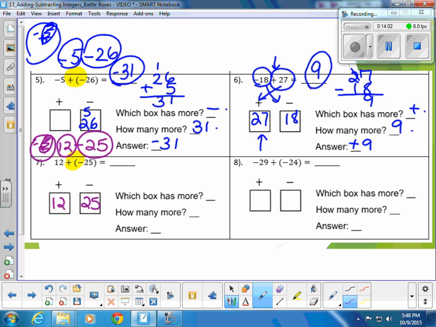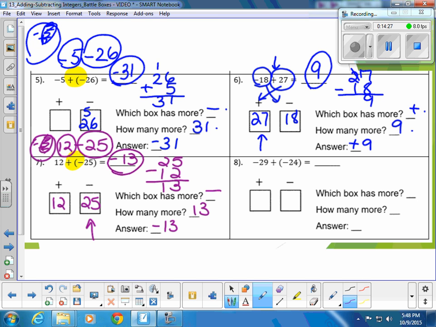Which is bigger, 12 or 25? 25 is bigger, so our negative box is going to be bigger. Then we're going to subtract 25 minus 12, and we get 13. So our answer is combining first step and second step, and we get a negative 13 as our answer.